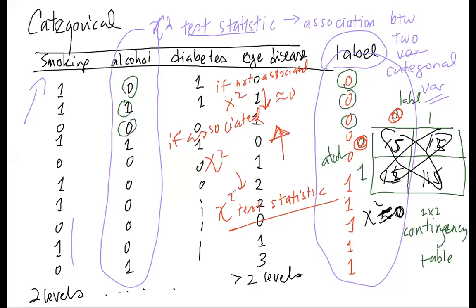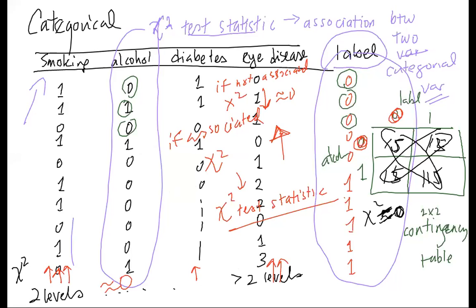So basically, you calculate the chi-square value for all these categorical variables. Let's say this chi-square value may be high, this may be close to 0, this may be just normal, and this is also high.